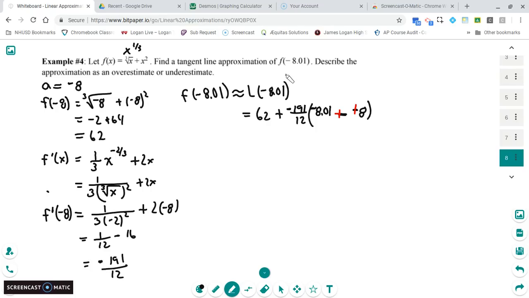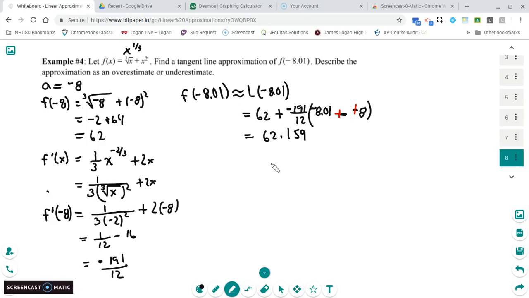All right, so I put that on the calculator, and I get, what did I get? I'm blanking out. I got 62.159.